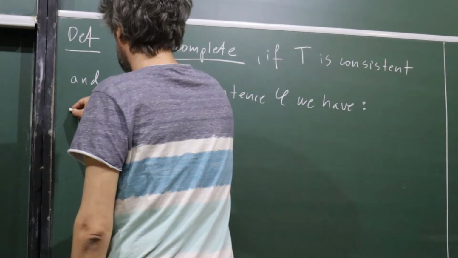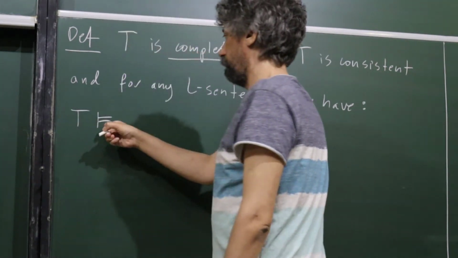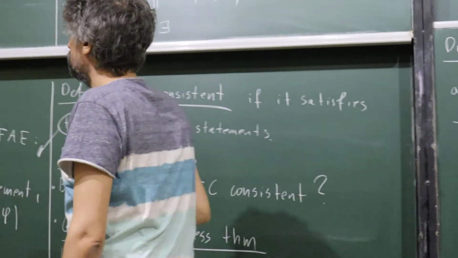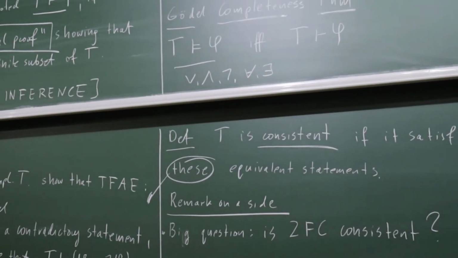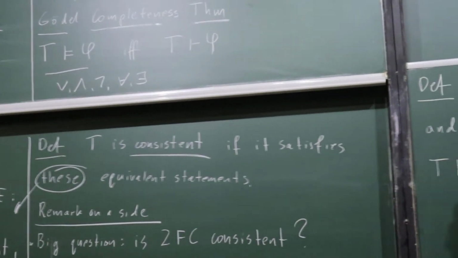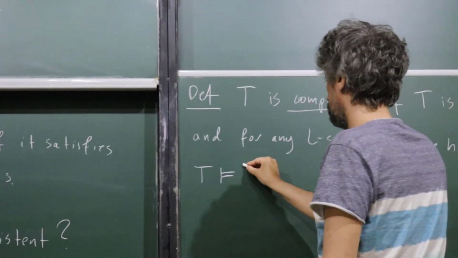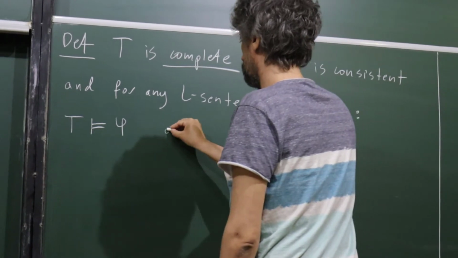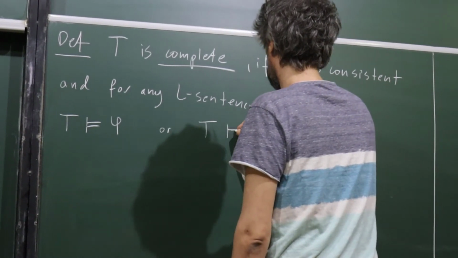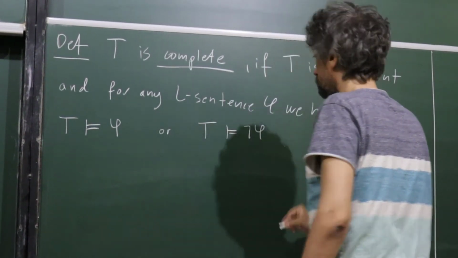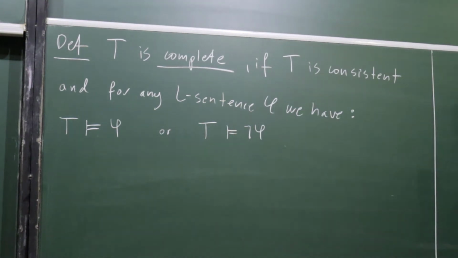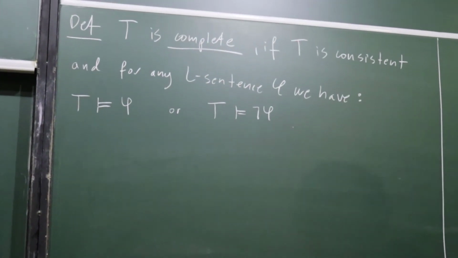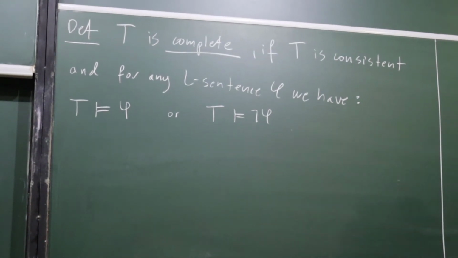It's equivalent, but this is the semantic thing: we have that phi is a logical consequence of T or its negation. Yes, so nothing is independent.